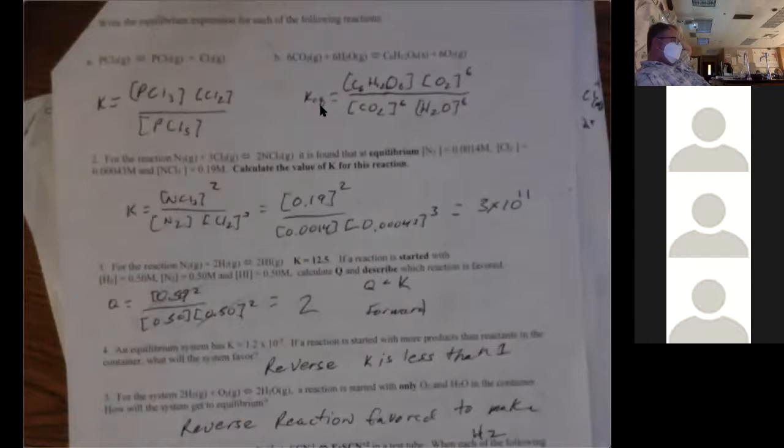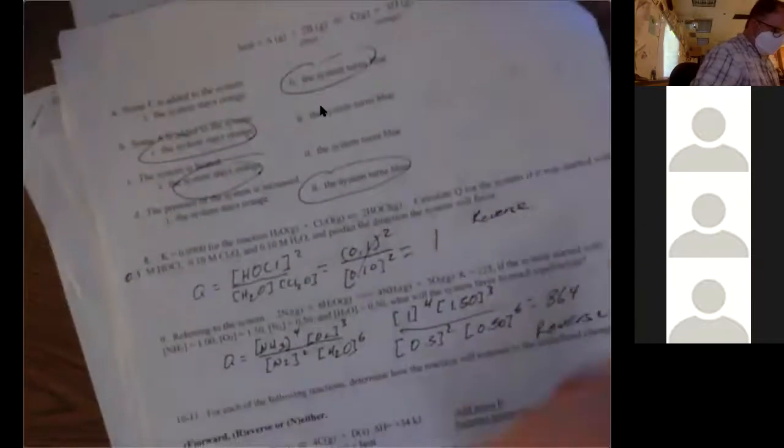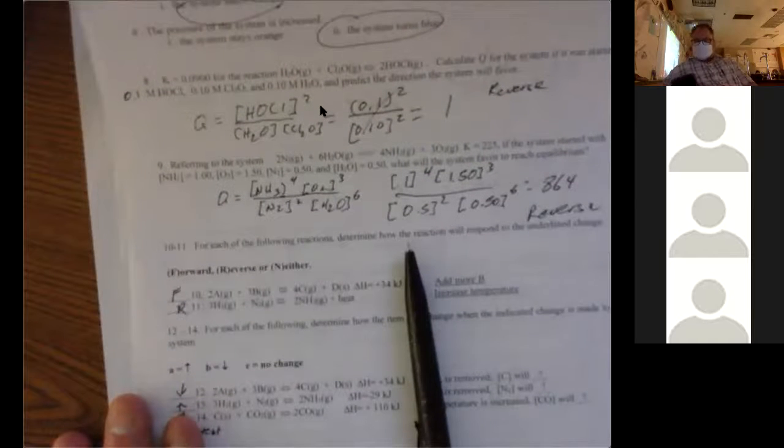Forward would be favored, and it would produce more product. Exactly. You got it. Heat is on the product side, so we increase temperature. That's like adding more product. Reverse reaction is favored to get rid of the product. Exactly correct.